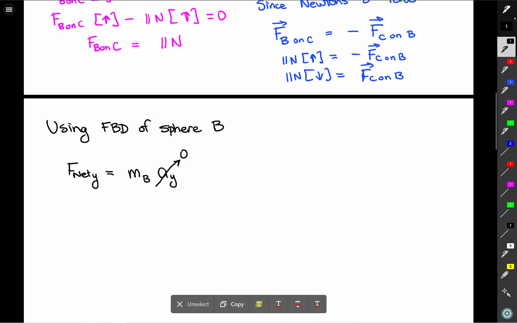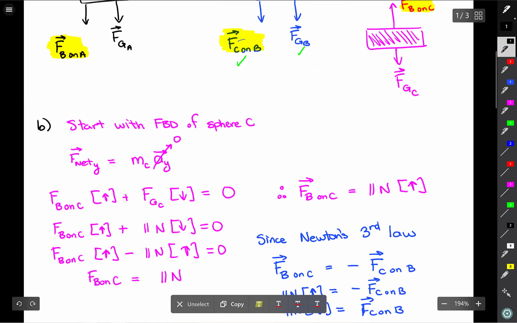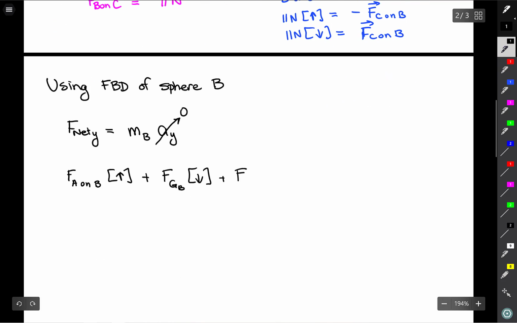Then the net force in the y direction, FA on B, which we said was acting upwards, plus the force of gravity acting on B, which we said was downwards, plus another force, FC on B, which we said was downwards from our free body diagram, is equal to 0.